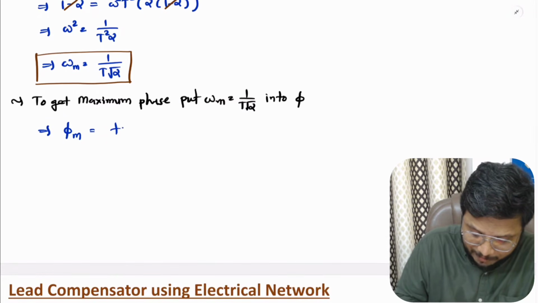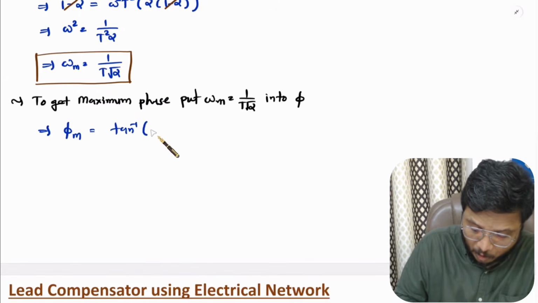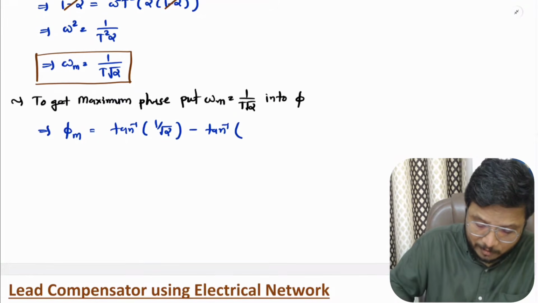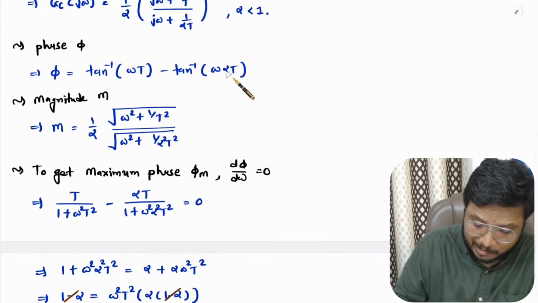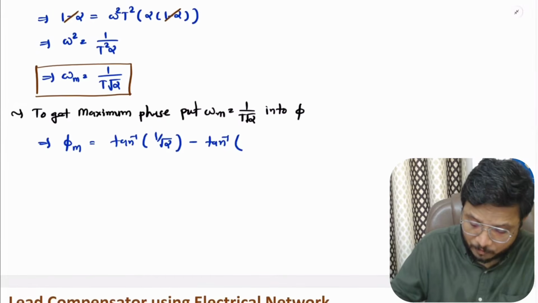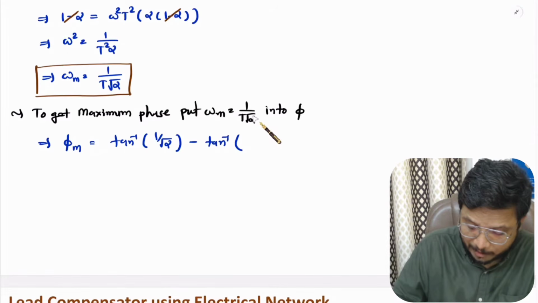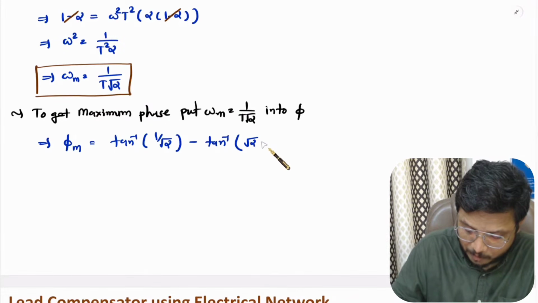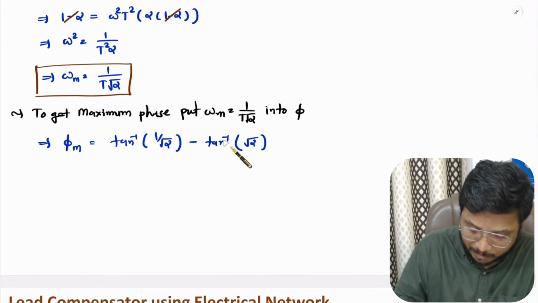So here we will have tan inverse omega T, where omega is this, so T will get cancelled, and here we will have 1 by square root of alpha, minus tan inverse of omega alpha T, where instead of omega we need to substitute 1 by square root of alpha. So T is getting cancelled, and in the numerator we will have square root of alpha. Now we need to simplify this.